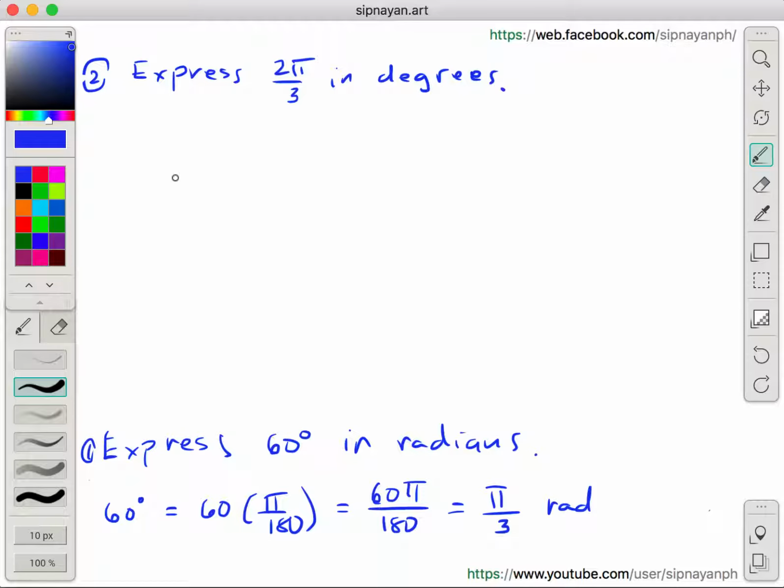So, magiging sagot nito is 2 pi over 3 radians equals 2 pi over 3 times 180 over pi.